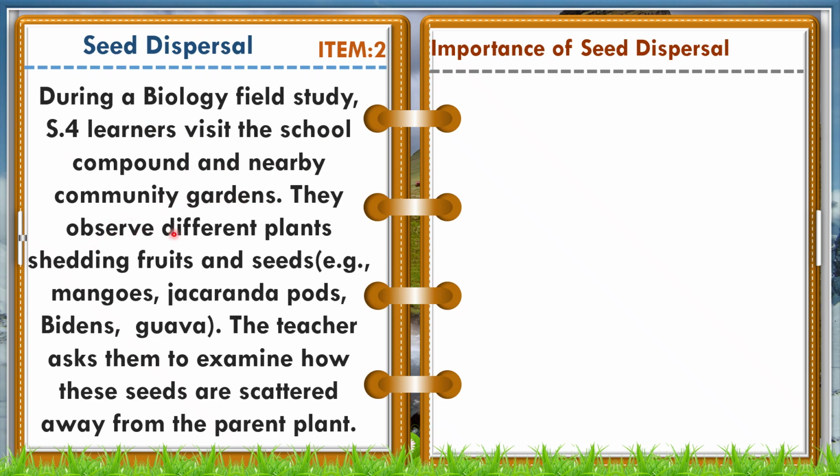They observe different plants shedding fruits and seeds, for example, mangoes, jacaranda, pods, bidens, and guava. The teacher asks them to examine how these seeds are scattered away from the parent plant.